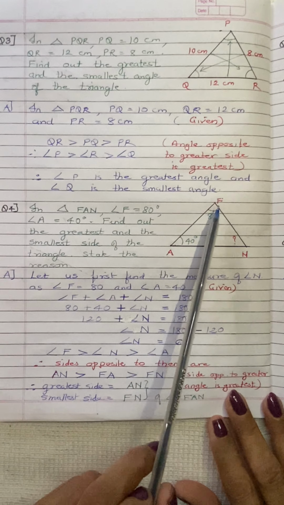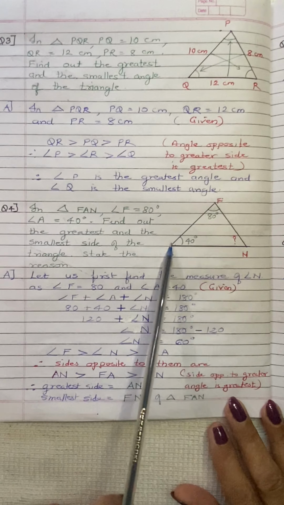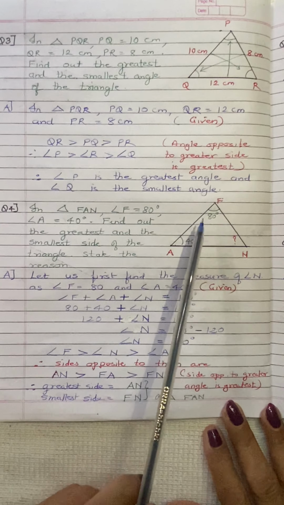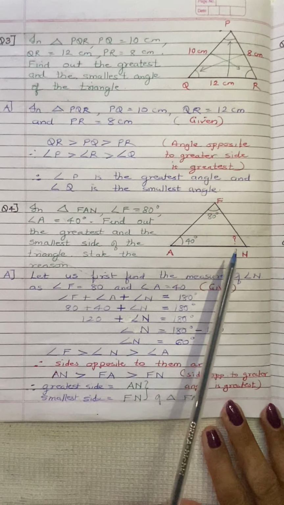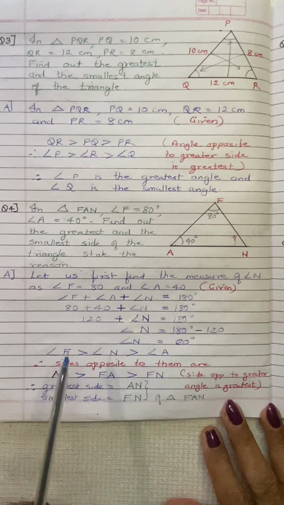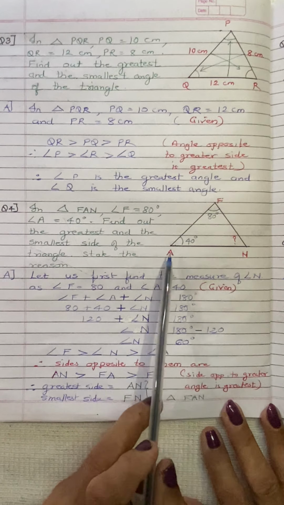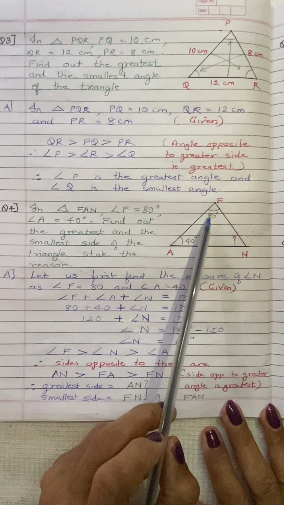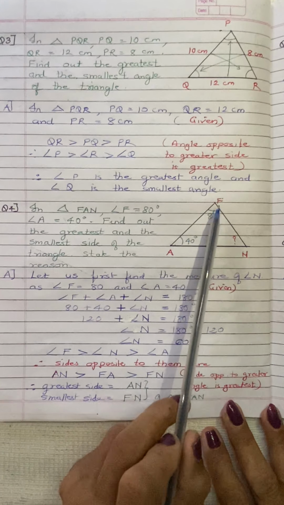So the side opposite to angle F is AN and to angle A is FN, right? So I can say that angle F is the greatest, then angle N, and angle N is greater than angle A. Therefore the side opposite to angle F is AN, and the side opposite to angle A is FN.